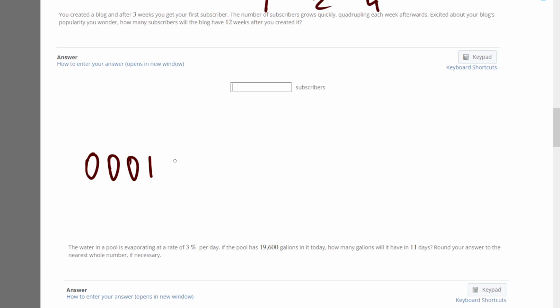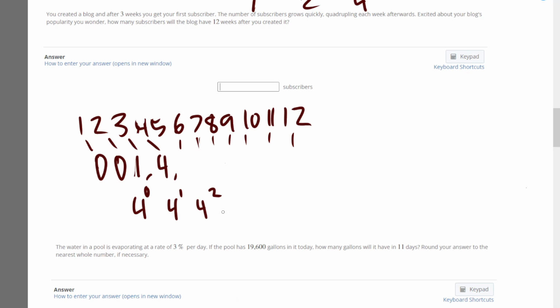We know that it's quadrupling, so 1 times 4, and then we have 4 to the 0, 4 to the 1, 4 to the 2, and so on. And this is week 4. Give me 1 second. Okay, I was actually doing it wrong. I think that it's saying that on the 3rd week, because I know that I did the answer as 4 to the 8th, because I figured that on the 4th week you have 12 minus 4 weeks left, right? 8.